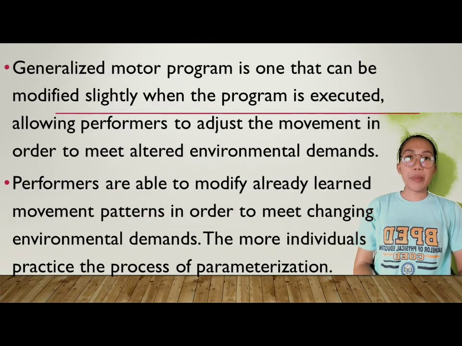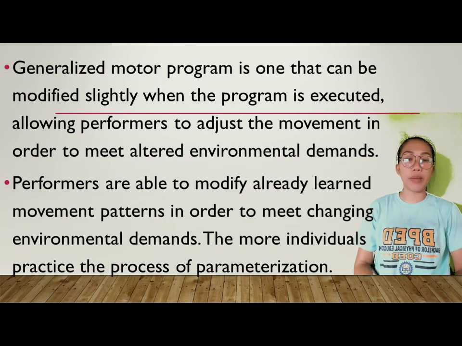Generalized motor program is one that can be modified slightly when the program is executed, allowing performers to adjust the movement in order to meet altered environmental demands. Performers are able to modify already learned movement patterns in order to meet changing environmental demands.